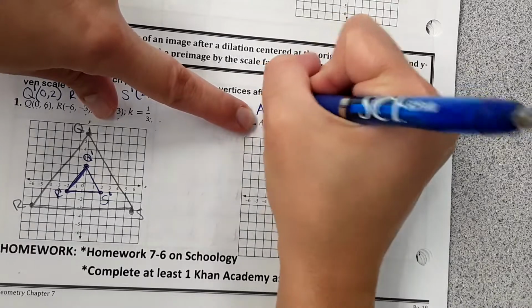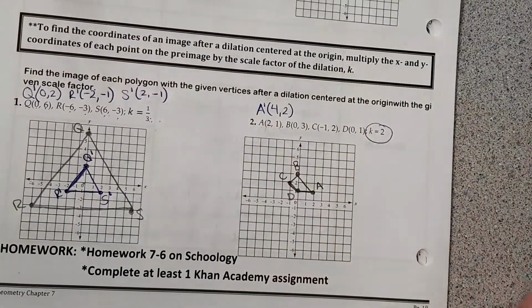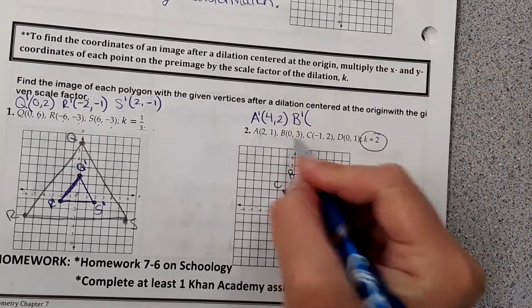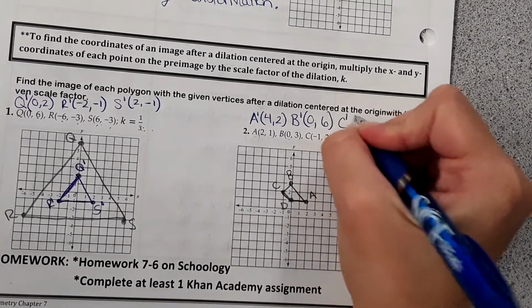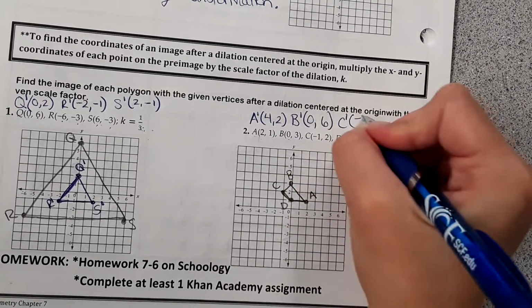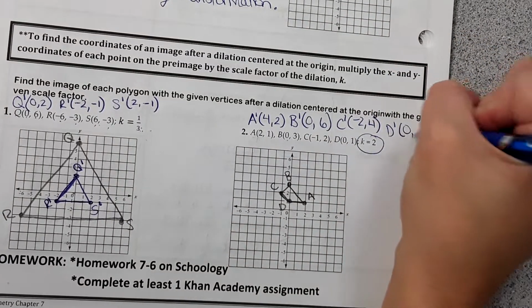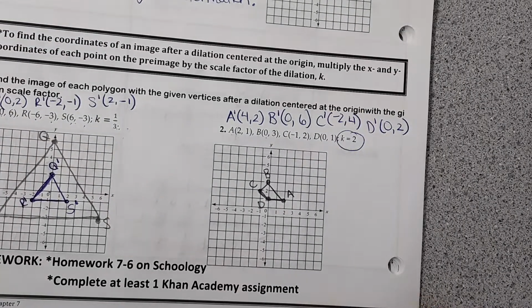So A prime will be 2 times 2 is 4, 1 times 2 is 2. B prime, 0 times 2 is just 0, and 3 times 2 is 6. C prime, -2 and 4. And D prime is 0, 2.